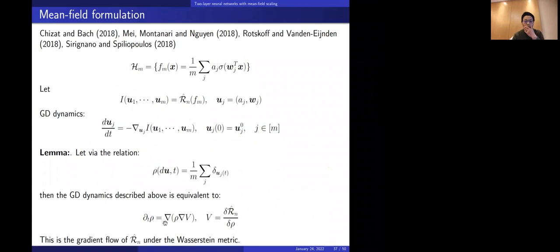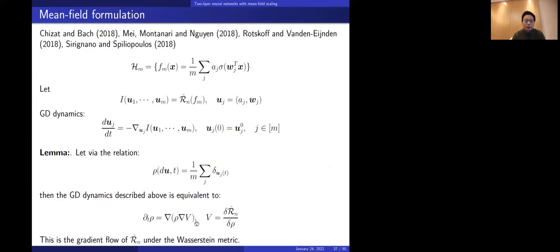So the claim is as follows: given a set of parameters at time t, define this probability distribution, and this probability distribution actually solves the following PDE, where V is the potential associated with the model. Now, these guys proved that as m goes to infinity, it converges to this. And the claim I'm making is that you don't need to take m going to infinity; it's exact even for a finite number of neurons.